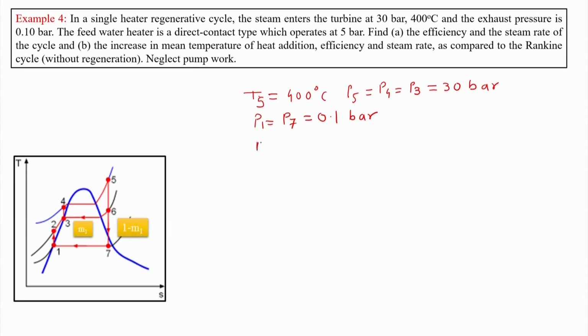We are told that P6 is equal to P3 is equal to 5 bar, and that it is a direct contact type feed water heater.